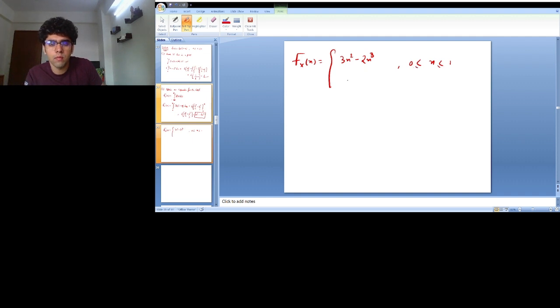For x lying between 0 and 1, it becomes 3x square minus 2x cube. It becomes 0 for x less than 0 because we don't have any PDF there, and it becomes 1 for any x greater than 1.